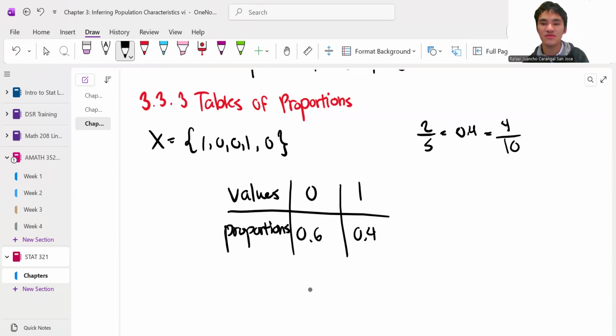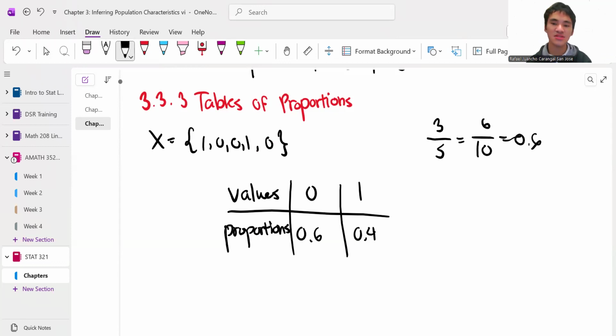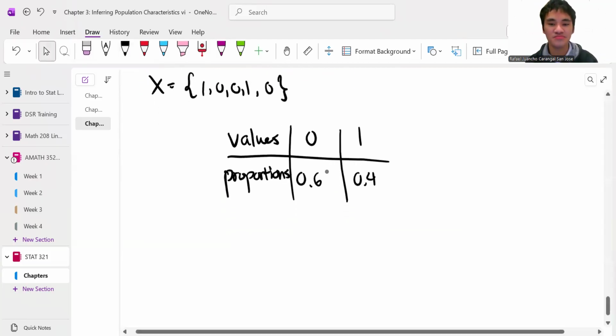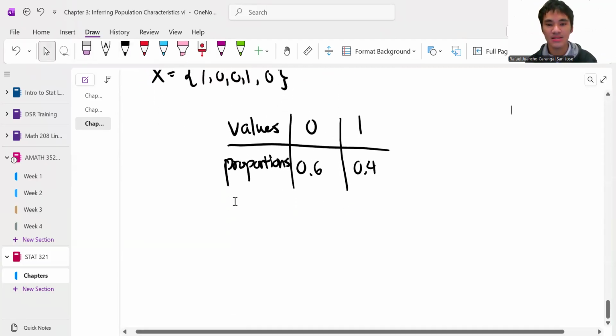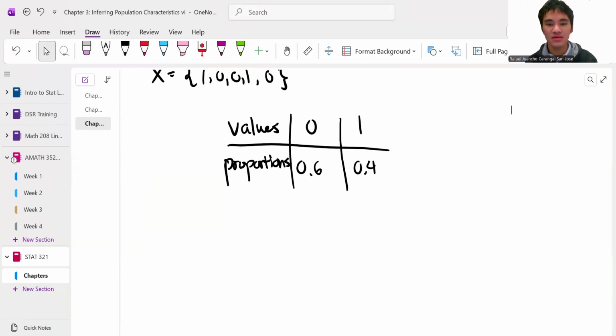Similarly, for the three zeros, that's 3 out of 5 observations. So that's 0.6, or 60% if we multiply it by 100. Cool. So that's a table of proportions.